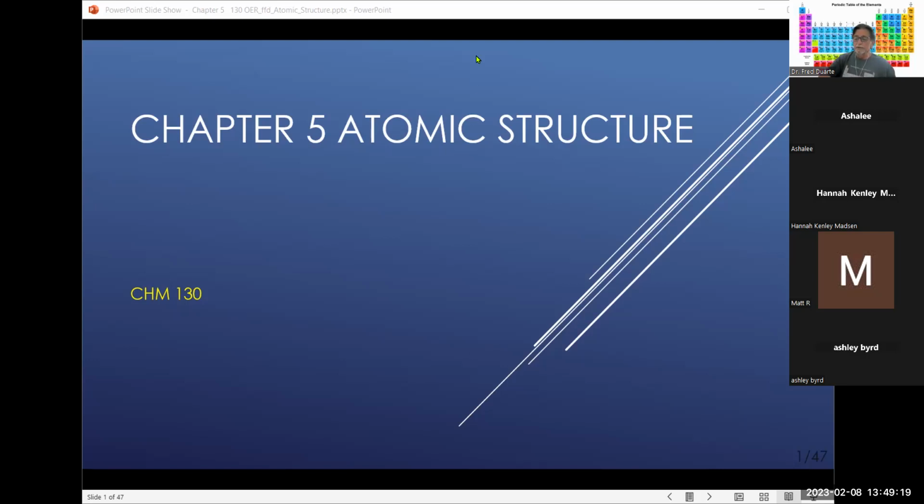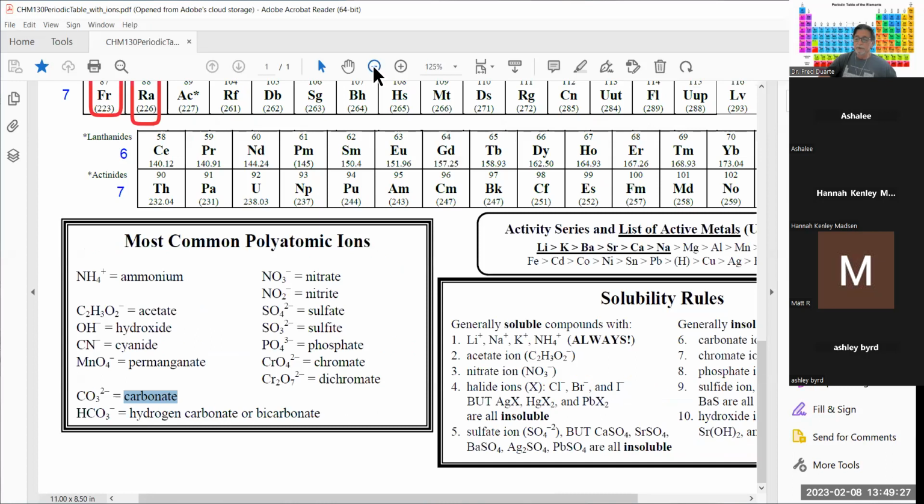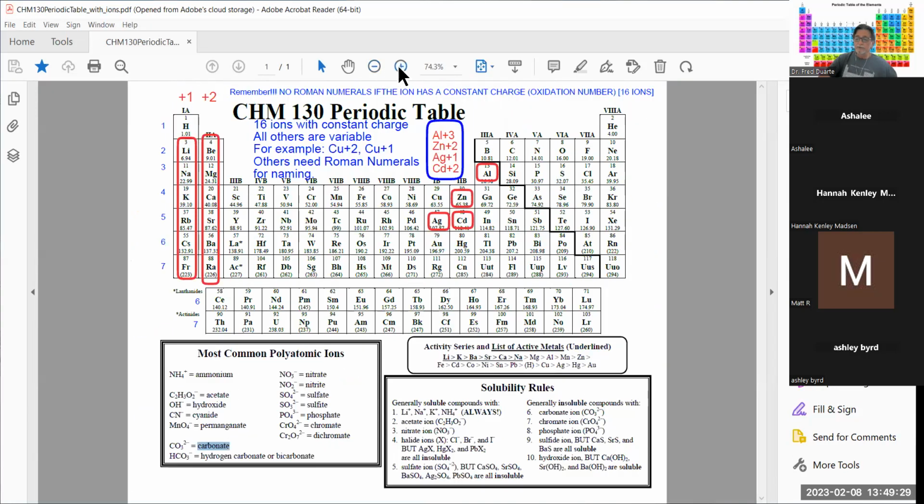Now, one thing about this, let me share back to the periodic table. I have my periodic table marked up as follows. If you notice on the far left, I have numbers going 1, 2, 3, 4, 5, 6, 7. What that represents are energy levels.